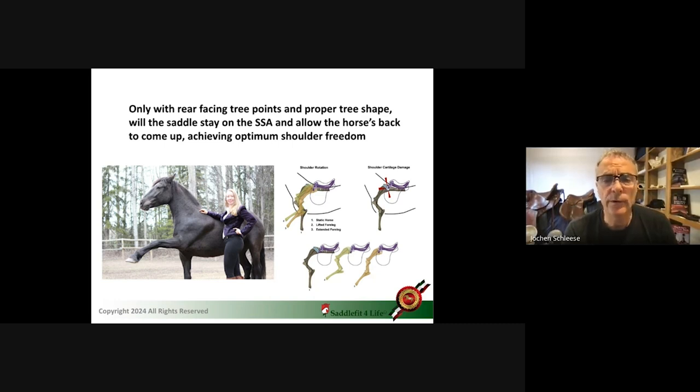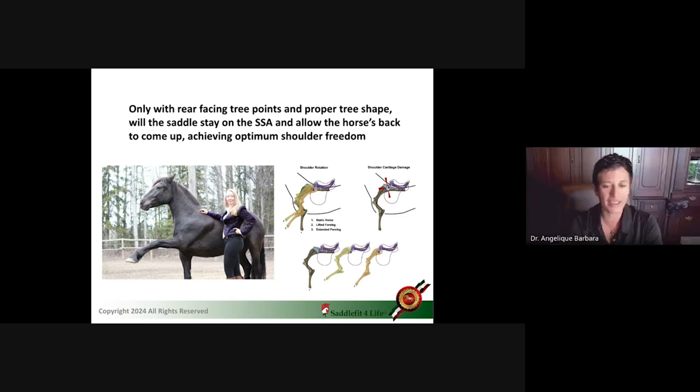I find it when I work with jumper riders, particularly hunters. Hunter jumpers definitely. The saddle slides there anyway, so they put a strong breastplate on it so it won't slide back. Yeah, they try to hold it in place with the breast collar, but it needs to go back to where it should be sitting.